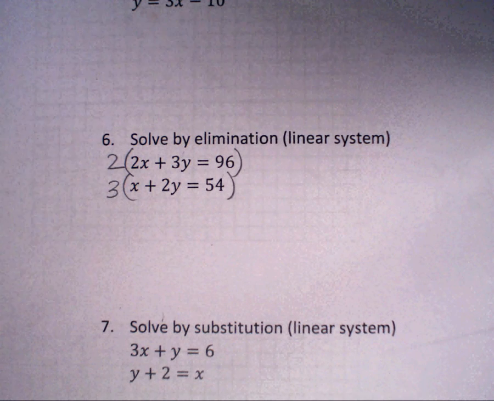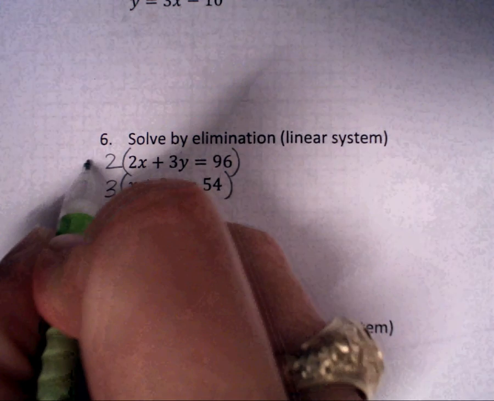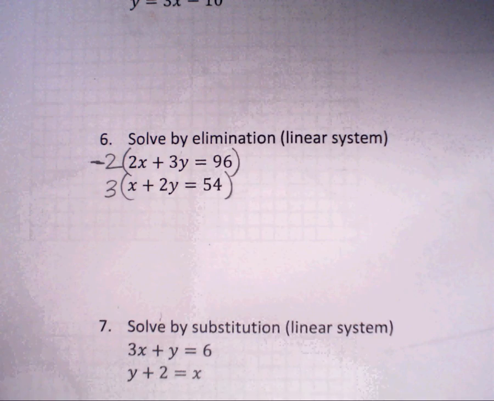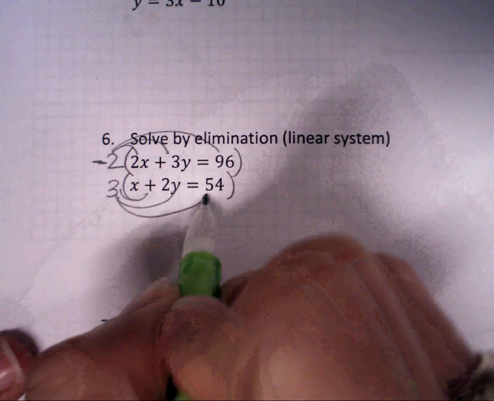So this 3 is going to multiply with this equation, and this 2 is going to multiply with this equation. But the thing is right now, in order to get them to eliminate, they have to have opposite signs. Well, they don't have opposite signs right now. So I'm going to make one of these negative, and it absolutely does not matter which one you make negative. So once I do that, I'm going to multiply this all in.